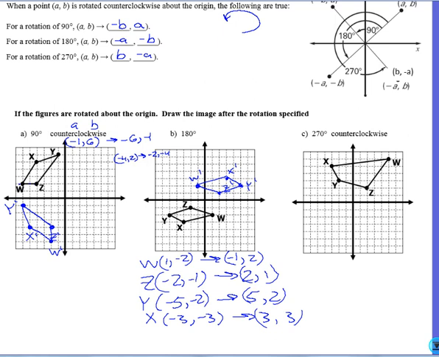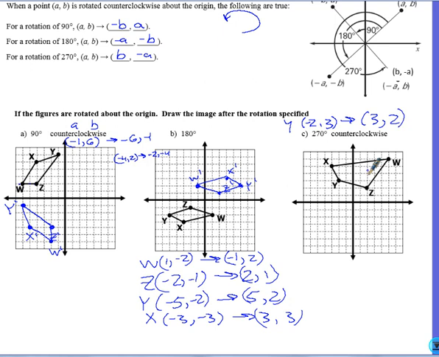Let's look at point Y. We can start wherever we want. Point Y is at the coordinate (-2, 3). When I rotate that 270, I switch the points and I negate A. So I switch them, that becomes 3, and I negate A, that becomes 2.